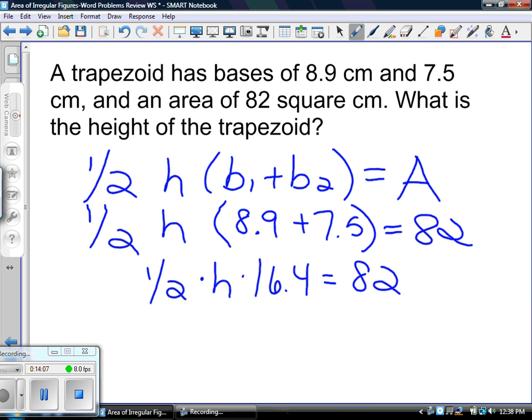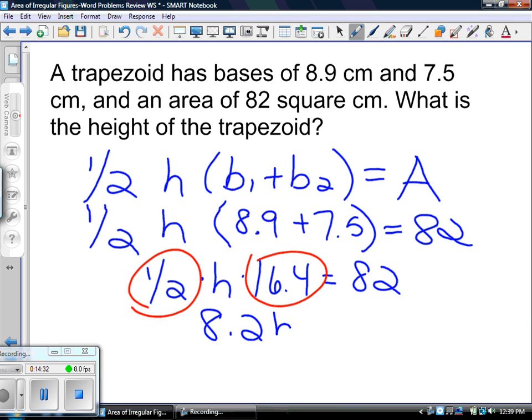Now, because multiplication is what we call the commutative property, we can multiply in any order. We can take the 1/2 times h and then 16.4, or we can multiply the 1/2 and the 16.4 and then multiply by h. So if we cut the 16.4 in half, we multiply that by 1/2, it's 8.2 times the height is 82.